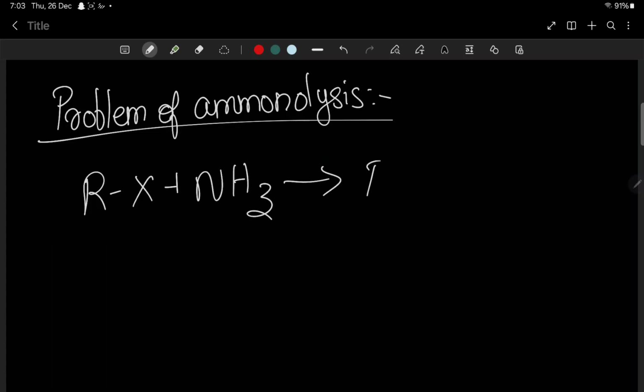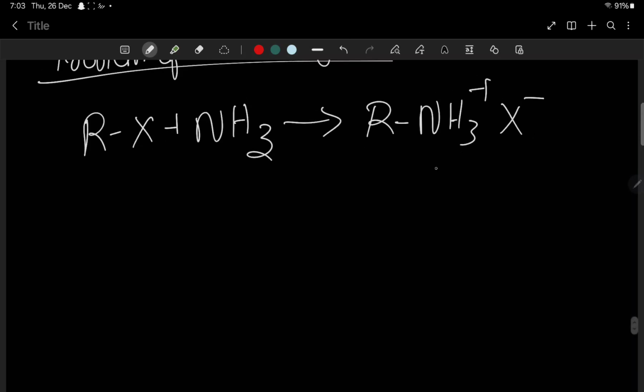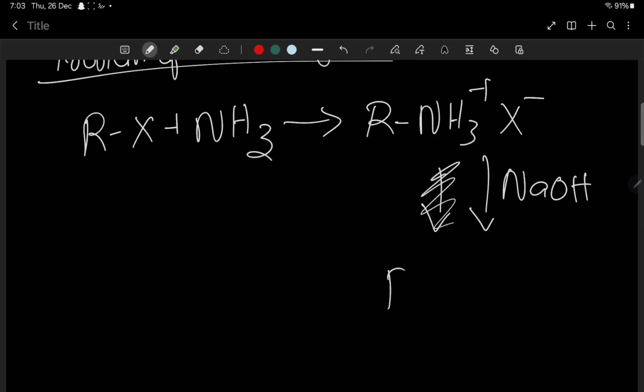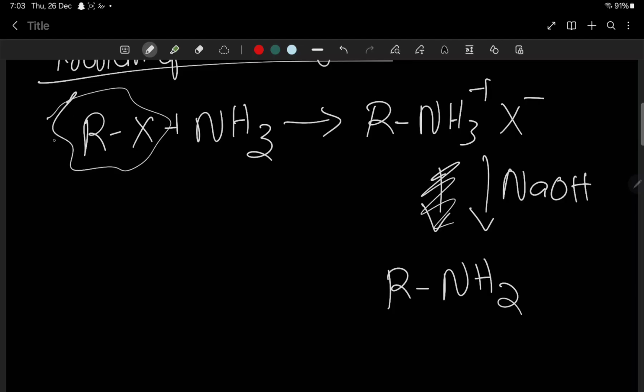Okay, and we are getting some RNH3 plus X minus. Now we added NaOH into it, and we got RNH2. The problem with that is that still in the medium there is some RX left, unreacted RX.